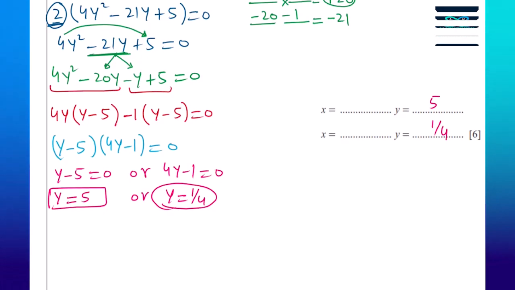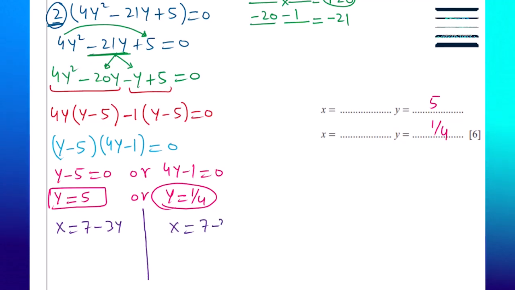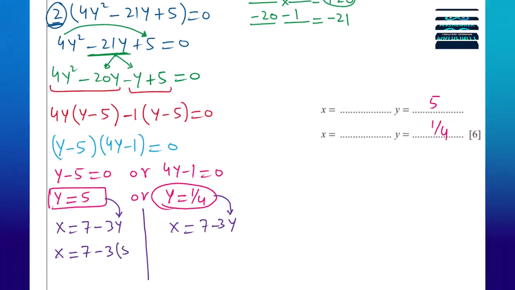We can form here the columns. x is equal to 7 minus 3y. This value of y we will substitute here and here. x is equal to 7 minus 3 times 5, 15.